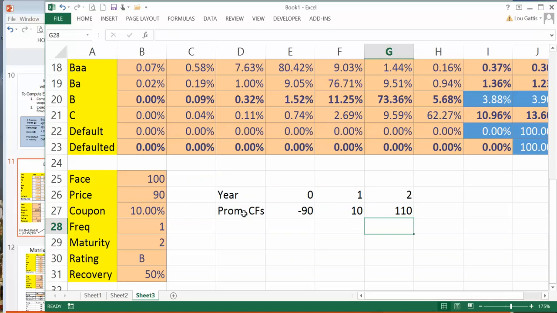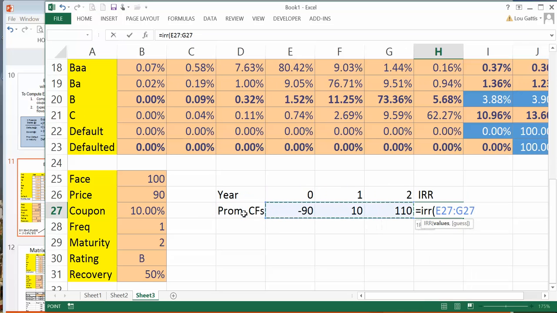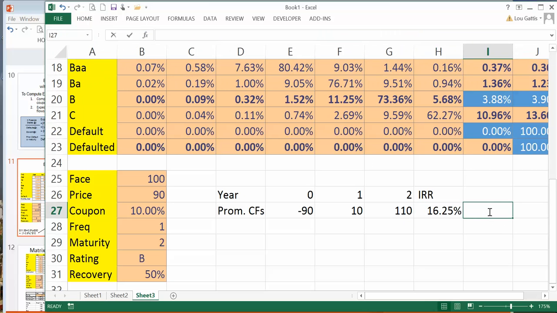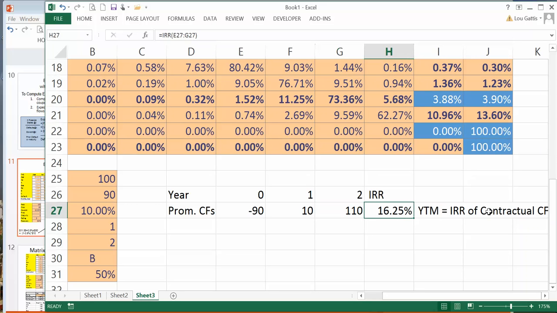If I then calculate the IRR of that bond, let me add some decimal places. All right, this is my YTM, which is the IRR of contractual or promised cash flows. But that is not the expected return of this bond. Let me add a little formatting here.